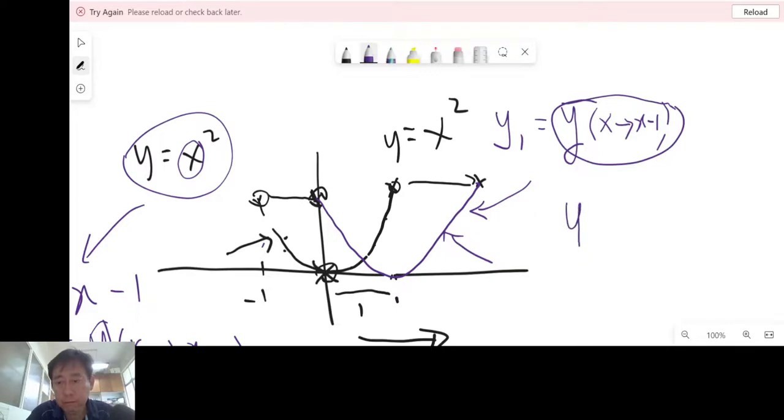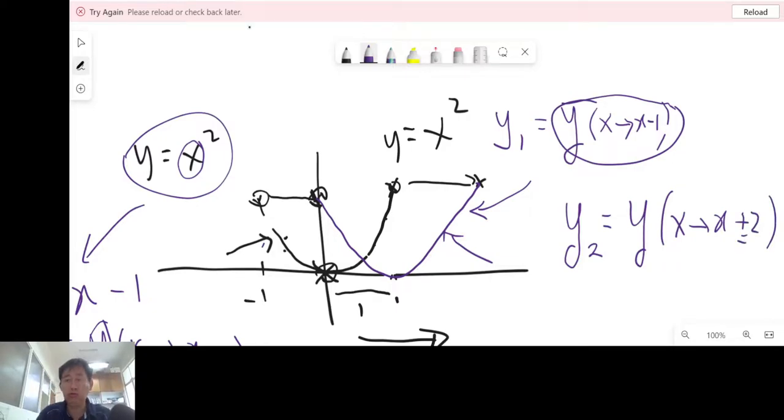If you were to form a new function y2 from y by replacing x with x plus 2, here you add to the x a constant 2 instead of subtracting a unit of 1.